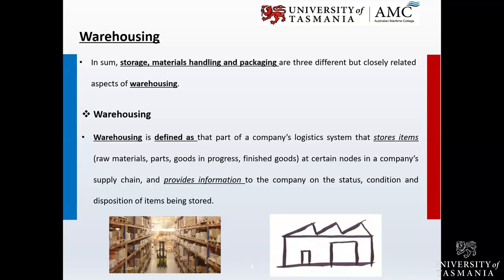Okay, in summary, we identified 3 aspects of warehousing. They are storage, materials handling, and packaging. So now we are able to define warehousing. You can refer to the following definition. Based on this definition, we can identify 2 key points.